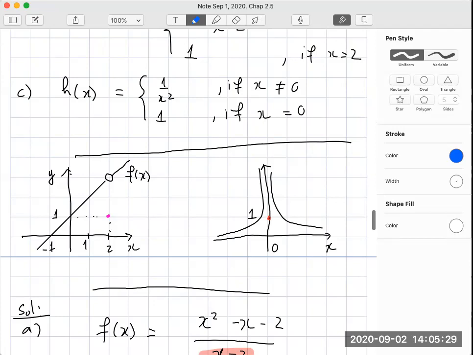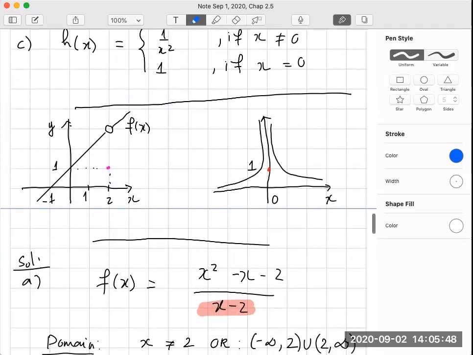Fill it up by a number right here. Then it becomes a continuous function. So this discontinuous point, we call it removable discontinuity because we can remove it and it becomes a continuous point. And here, the second case in C, it is infinite discontinuity.